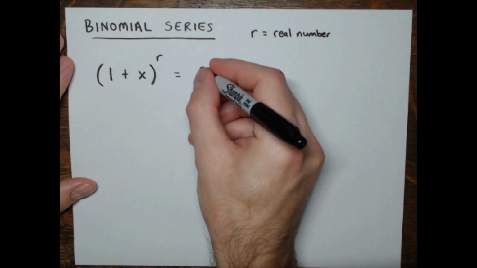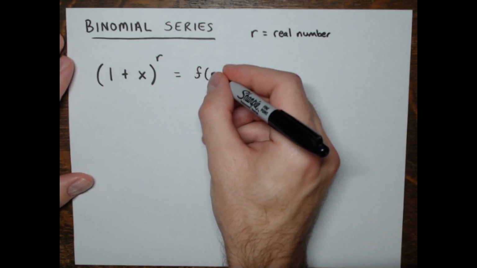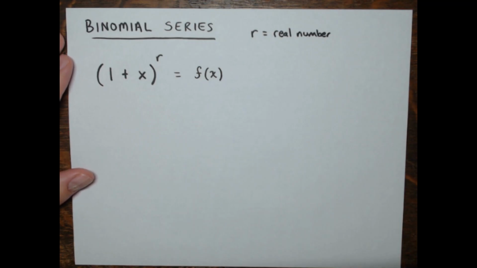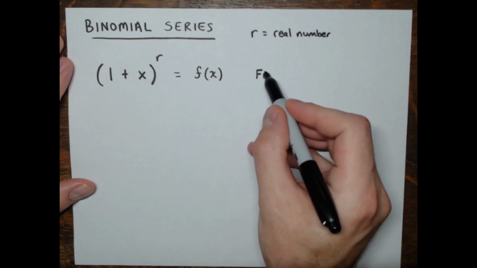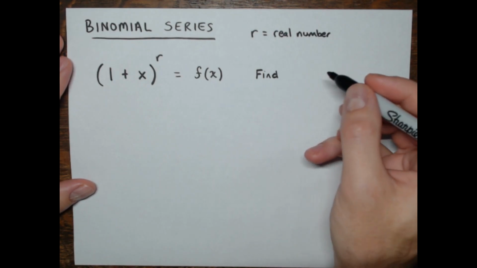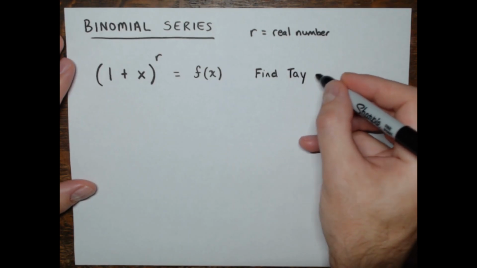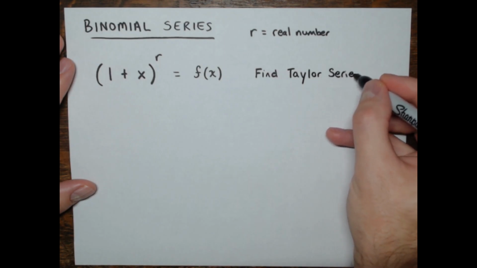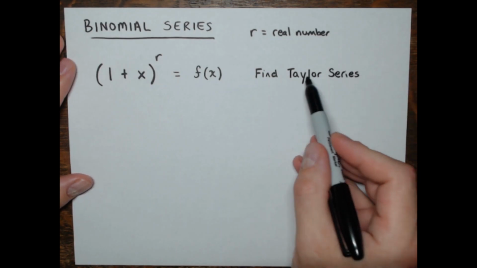And then suppose I call this f of x. And then we want to find a Taylor series, which we've talked about on previous videos for this section 6.3/6.4 assignment.